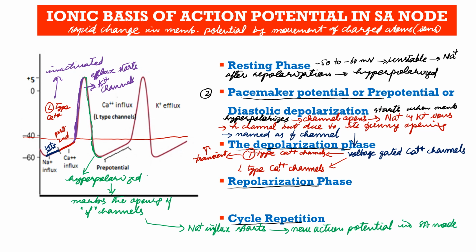When this occurs, the membrane again repolarizes, and this cycle repeats again, and it remains in repetition throughout the life of a person.